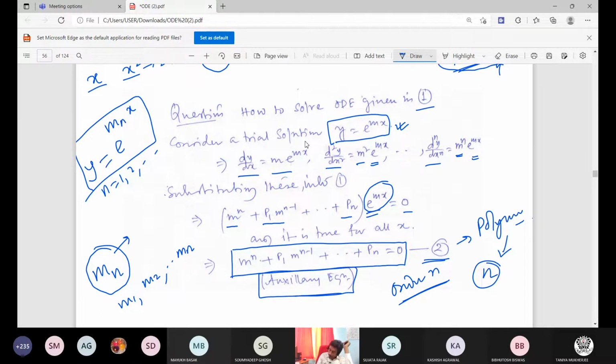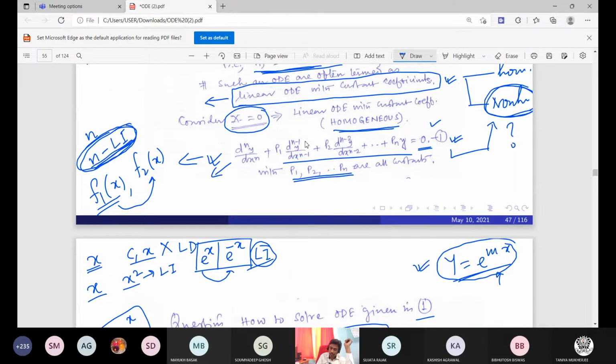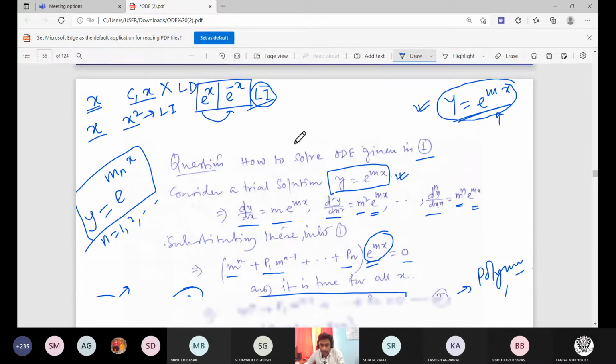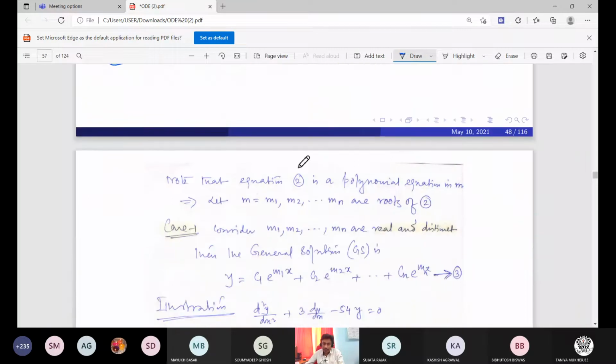The fundamental theorem of algebra ensures that you will always have exactly n roots, and each root corresponds to one solution of the homogeneous equation that we have considered right here. So we can expect to have all the solutions by choosing the trial solution as e to the power mx. Let me highlight this with some example.